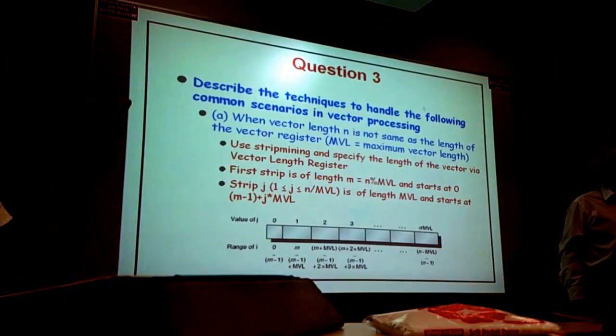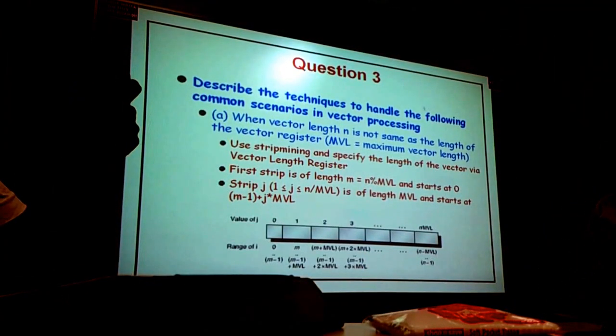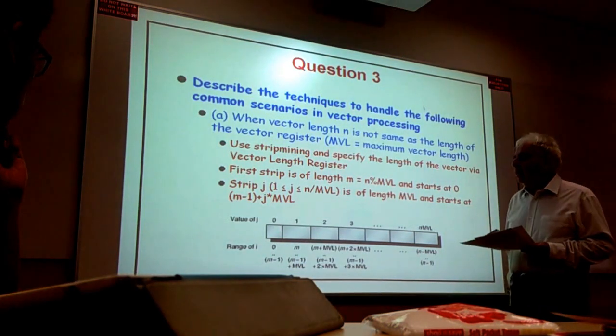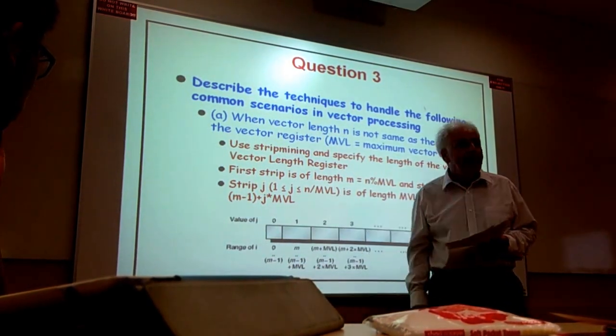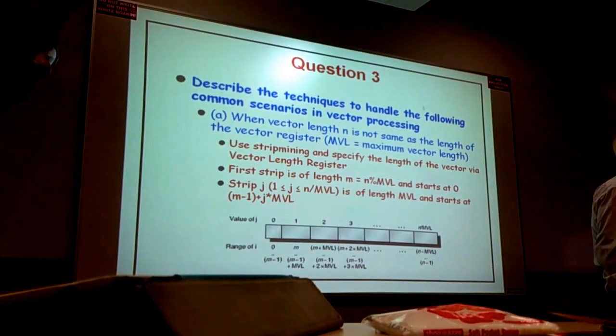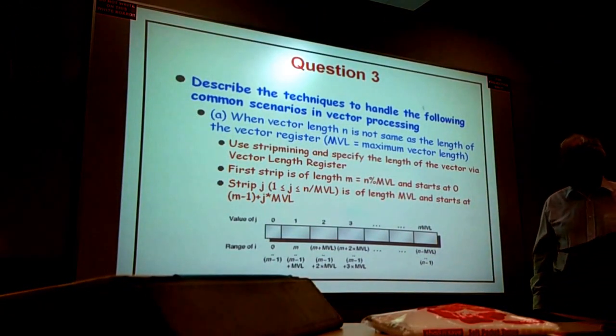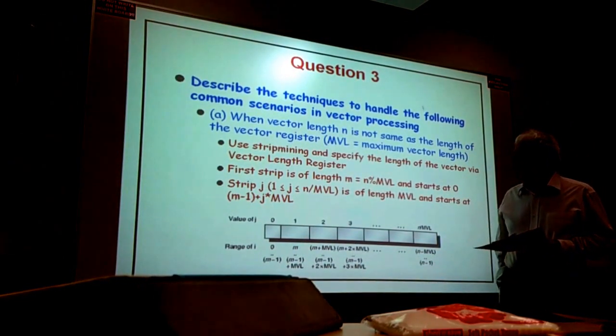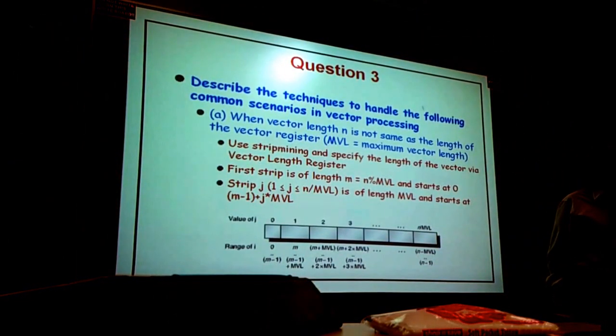We can divide n by mvl to work out how many strips we should have. But it's quite possible that n is not exactly divisible by mvl. So in this case, we take the integer part of the division, and then we have some extra elements left over.